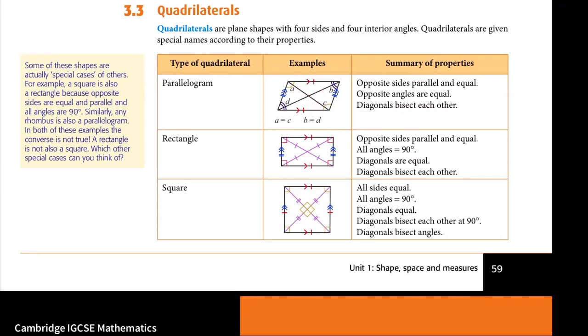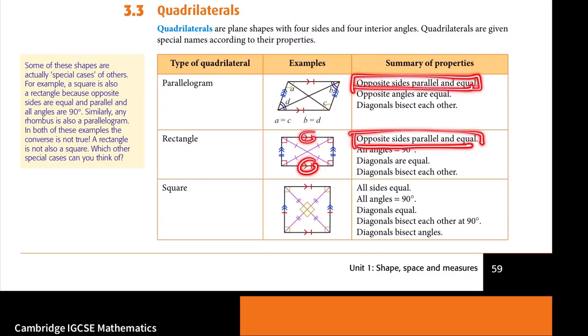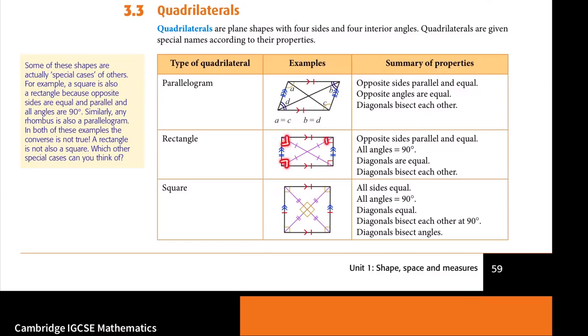However, if you look at the next quadrilateral, look at the rectangle. A rectangle is a shape that has four sides as well, and two pairs of sides that are equal and also parallel. You can see they share similar qualities. But to make it a rectangle, all the interior angles have to be 90 degrees.